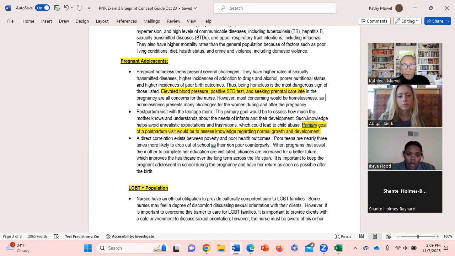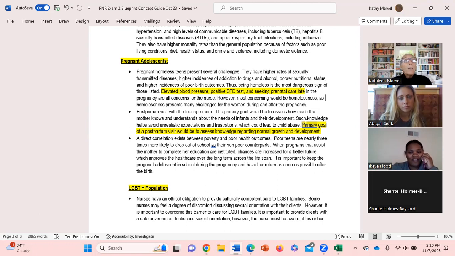Okay, so the next one, we know that there's a correlation that exists between poverty and poor health outcomes, right? This is the bullet that addresses one of the biggest issues with teen pregnancy: dropping out of school, right? So that's what this addresses. So what question might we formulate? If a pregnant teen, we know the associated risk factors.